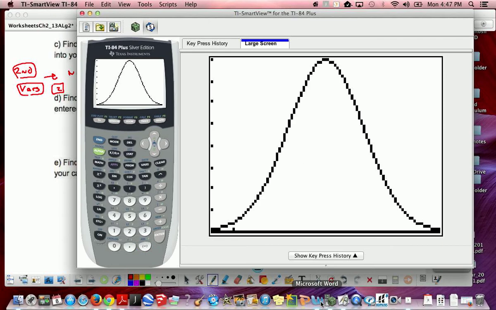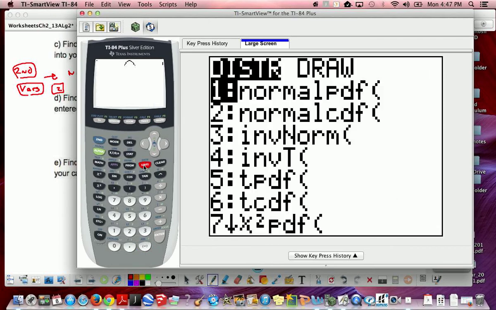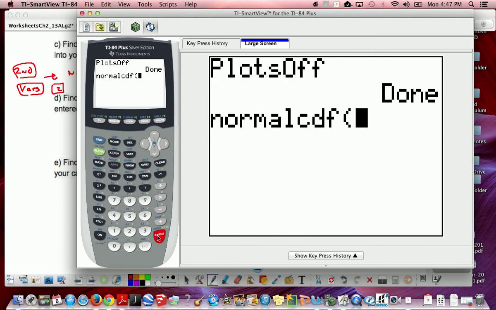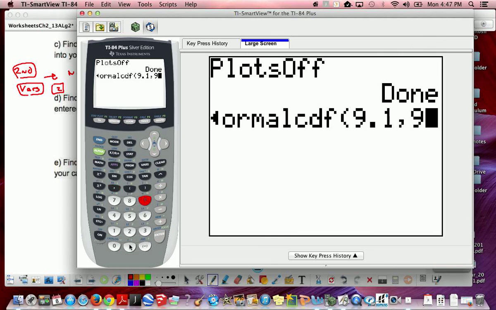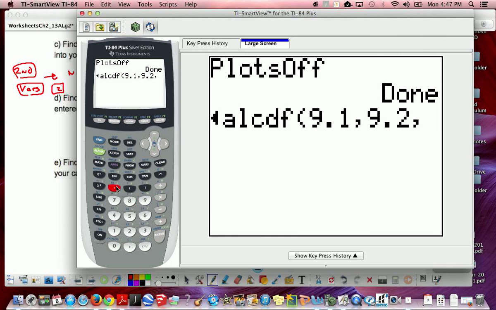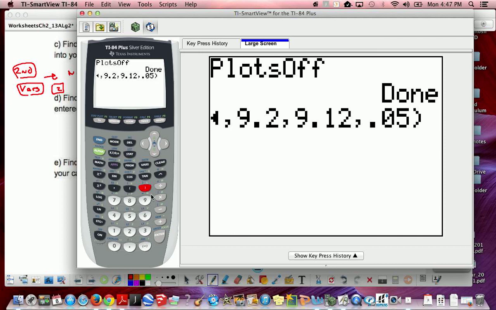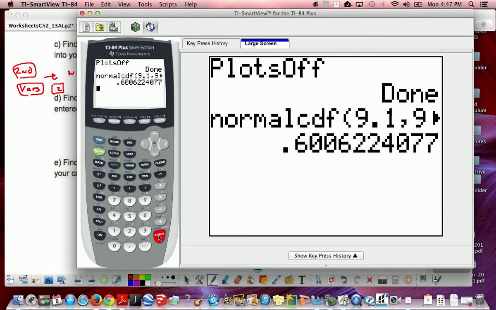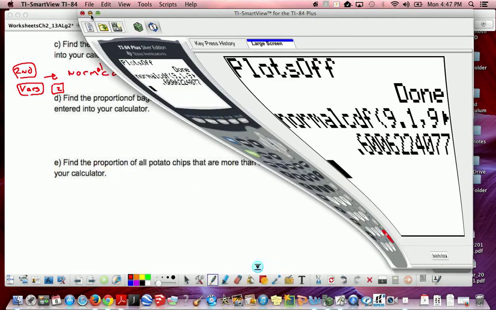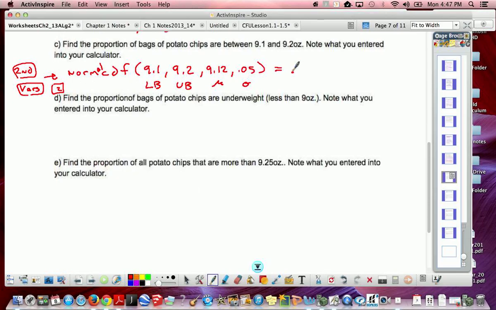If you go second vars, normal CDF, then I can go 9.1, comma 9.2, comma 9.12, comma 0.05. Close my parenthesis, go ahead and hit enter, and it gives me that proportion as 0.6006. Again, with our proportions, we want to go out 4 decimal places.